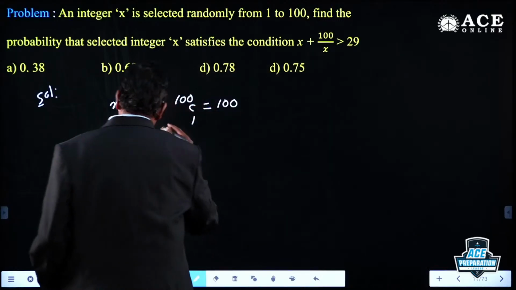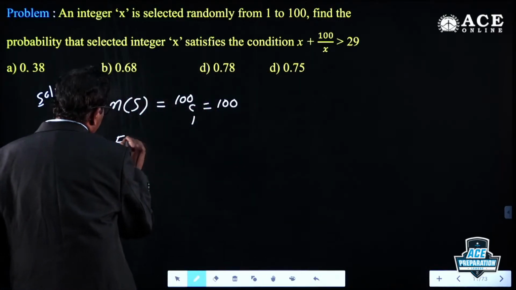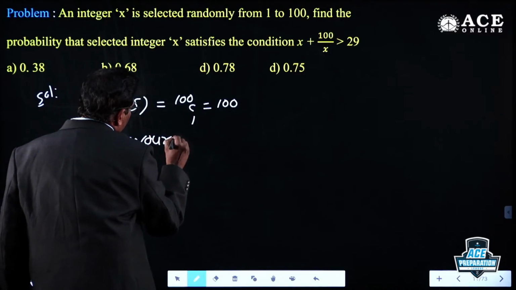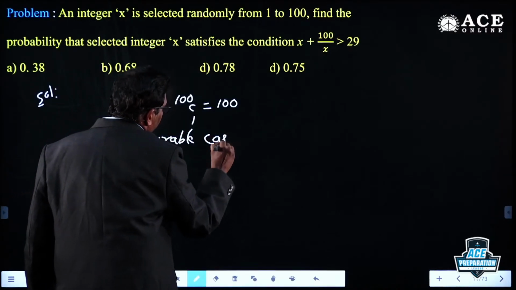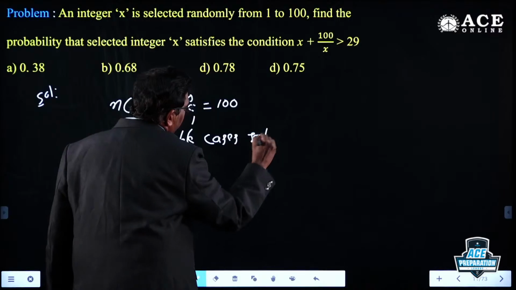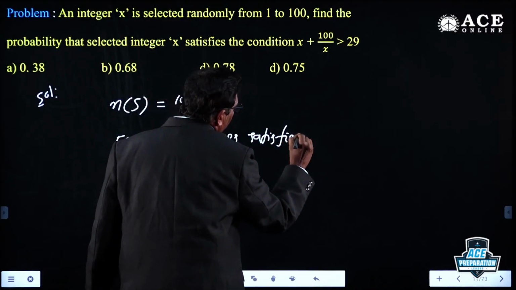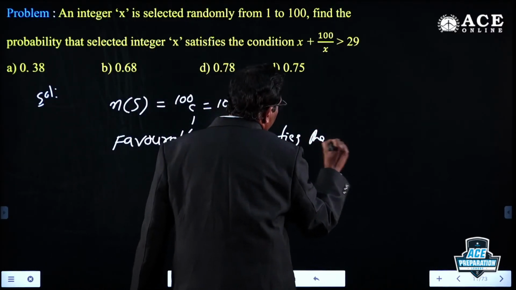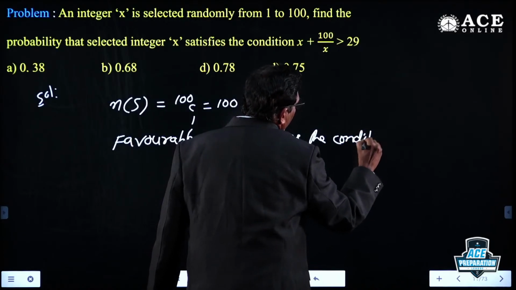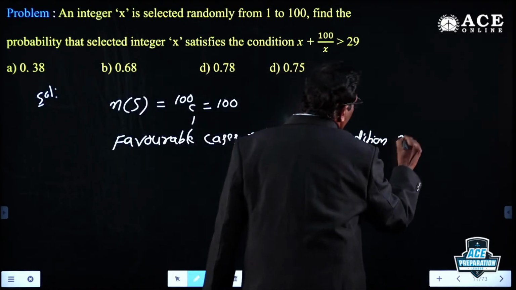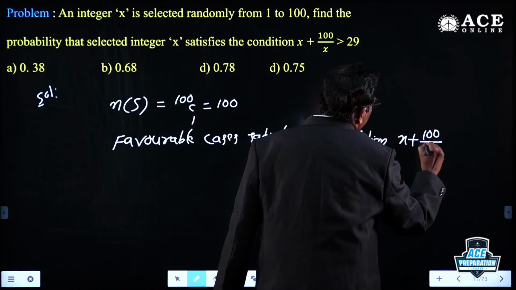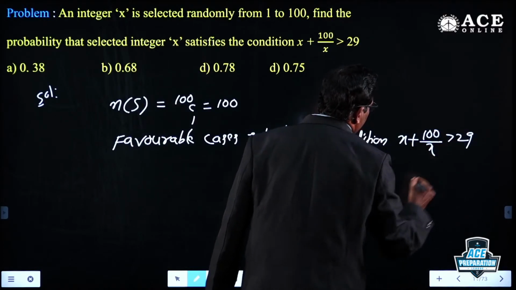Favorable cases satisfy the condition x plus 100 by x is greater than 29.